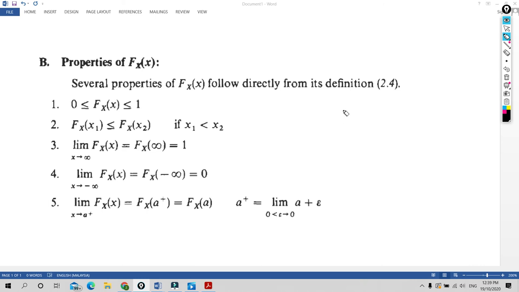I put the variable as x, and then I have p(x). Sometimes you can write it as a small f sub x.